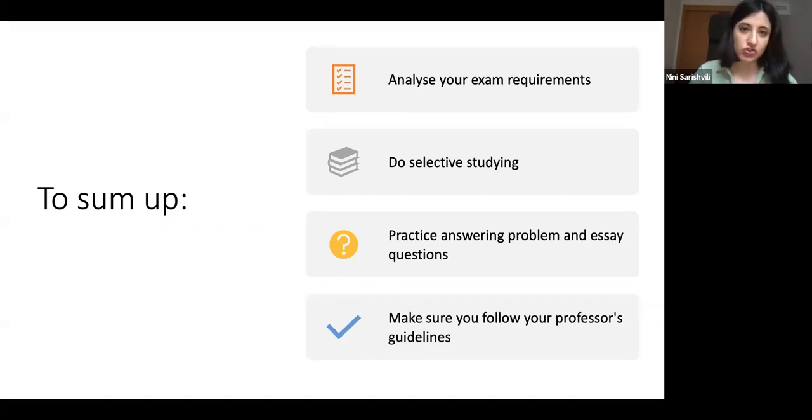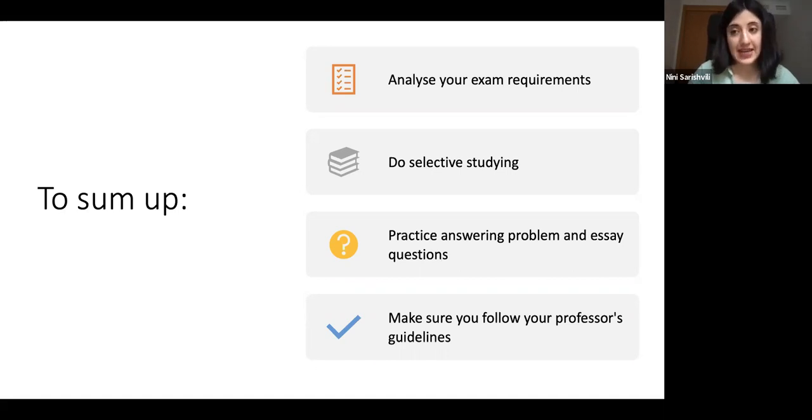You not only have to study the topics and the cases and the key principles, but you also have to practice a lot to improve your legal writing skills. Knowing how to answer problem and essay questions is not something you can learn in one or two days. It's a constant practice, and you have to be practicing all the time, as much as you can.